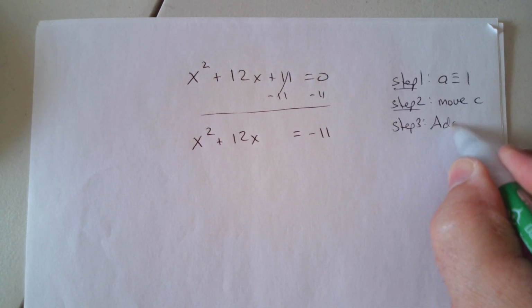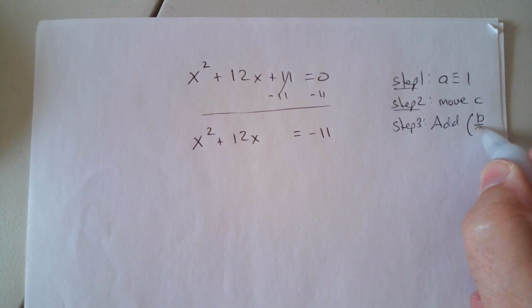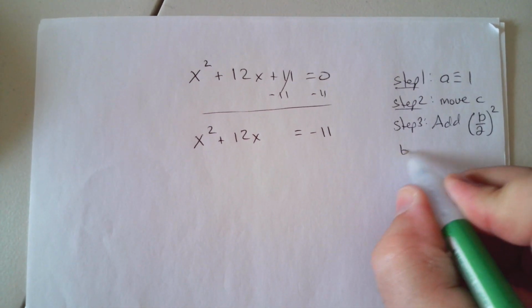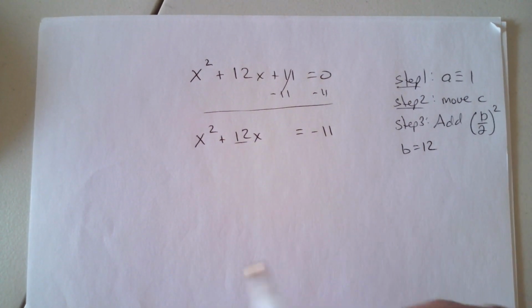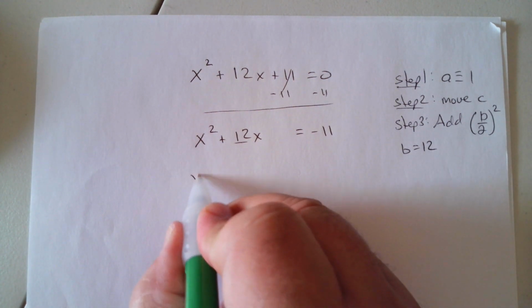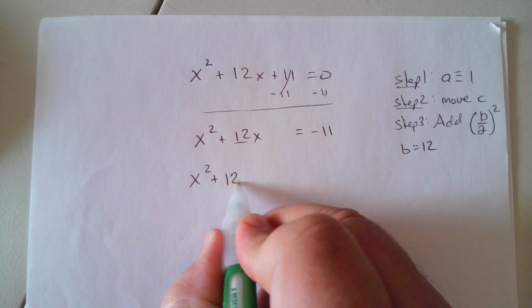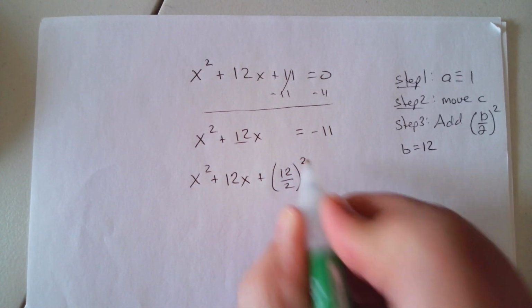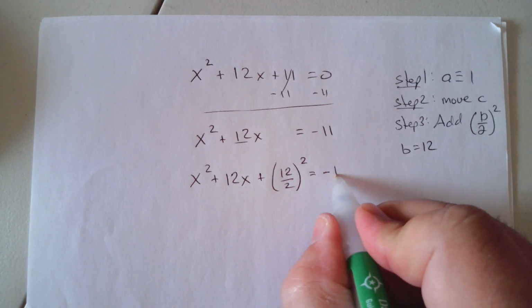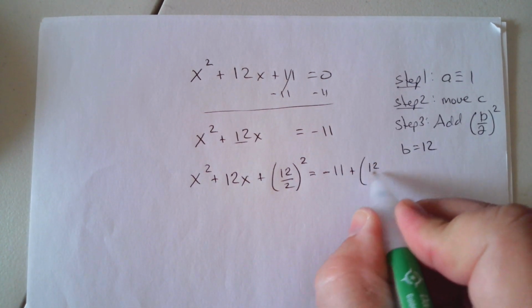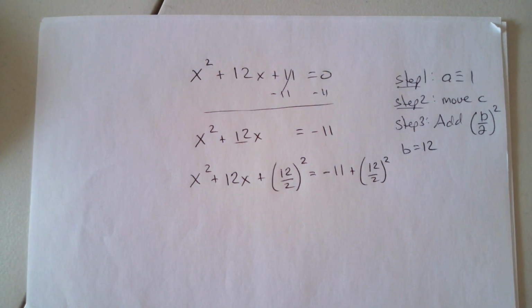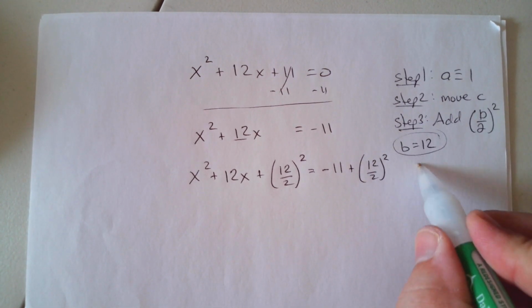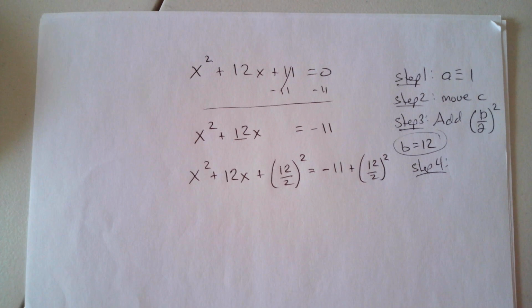Step 3, add b over 2 squared to both sides. Remember, in our case, b is 12. It's whatever's in front of the x is your b. So we have x squared plus 12x plus 12 divided by 2 squared, negative 11 plus 12 divided by 2 squared. Step 4.